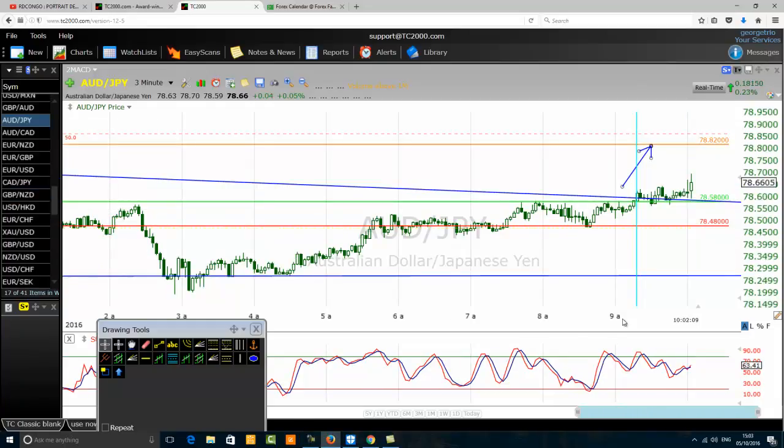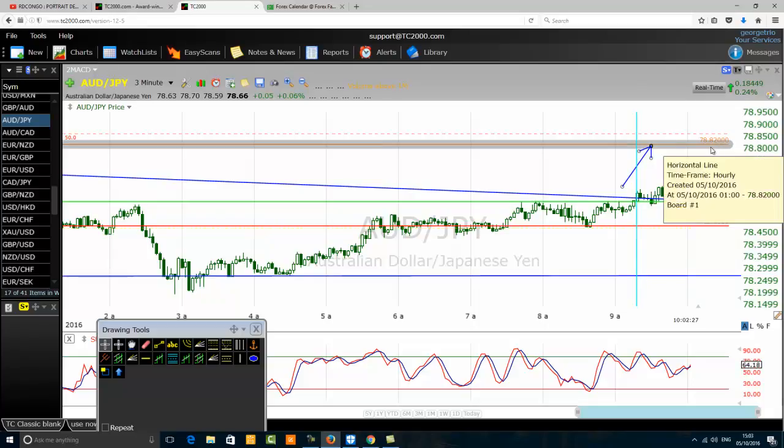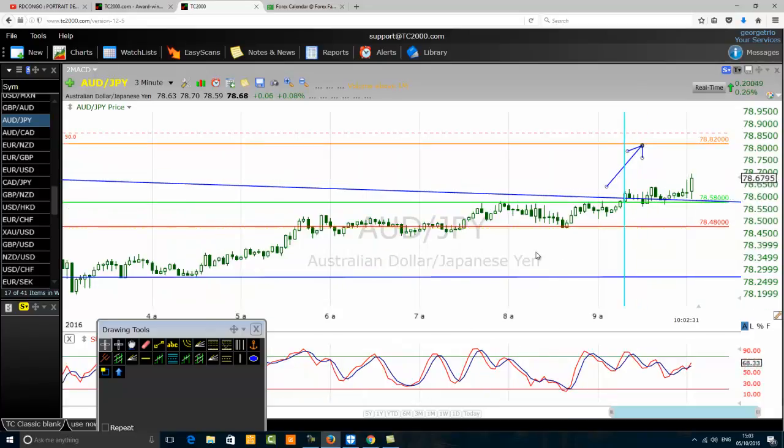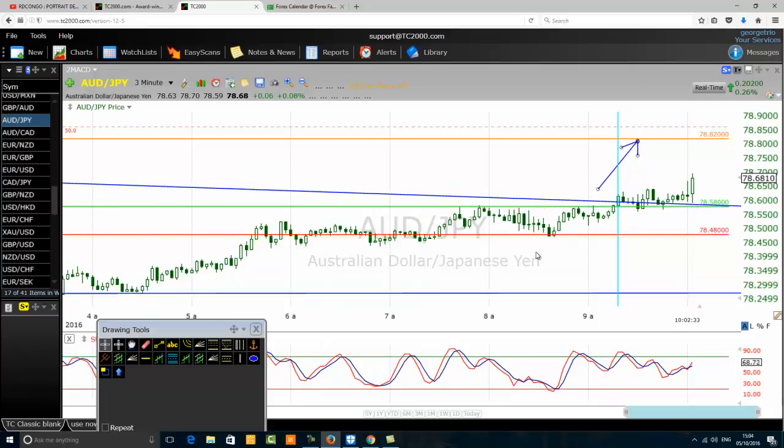Okay, traders, just to show you what is happening here, you can see that the Australian dollar, Japanese yen, did pause a bit here, and now is heading up a bit, which is good. So we give it more time and see whether it reaches the target at 7882. And this is about a simple scalping trading method on a 3-minute time frame.